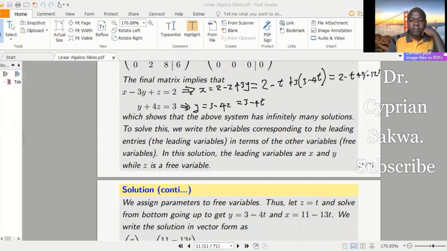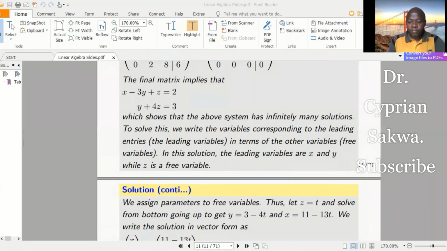So what I have is 9 plus 2, which is 11, and then negative t, negative 12t will give us negative 13t. So that becomes our x. And that's what I have.